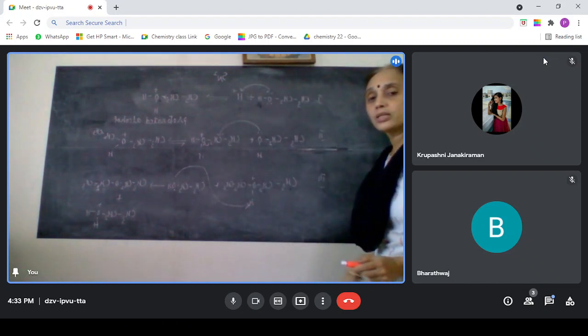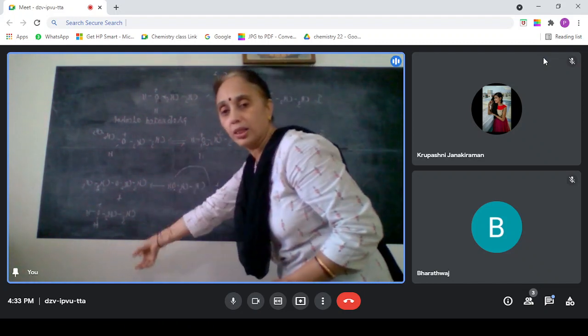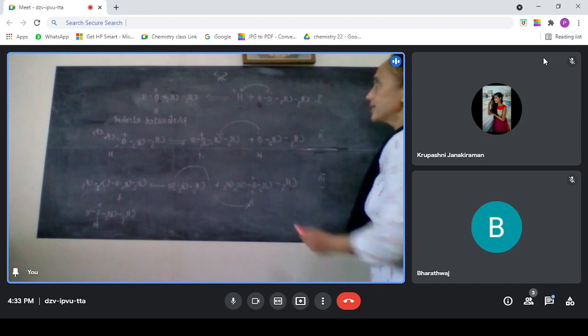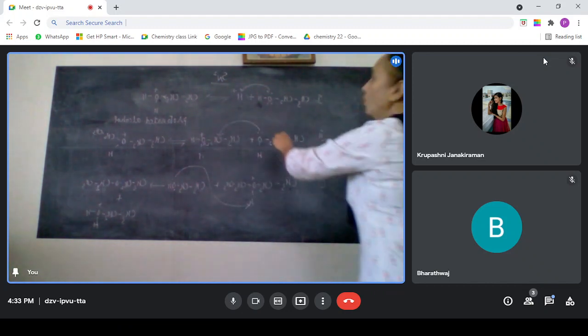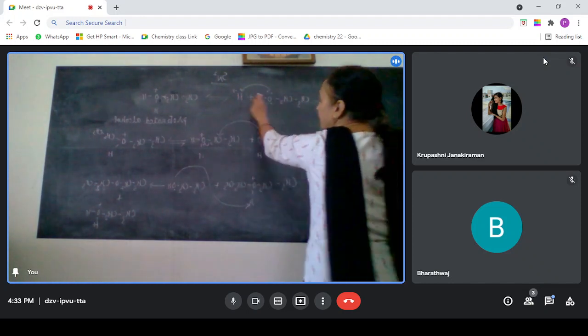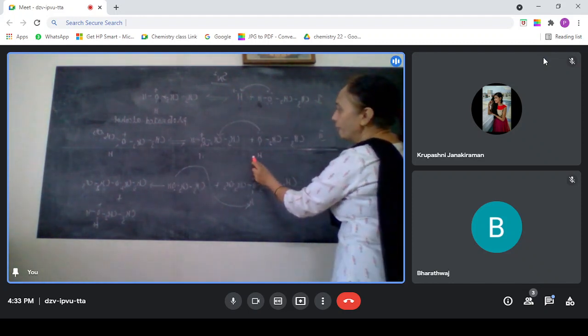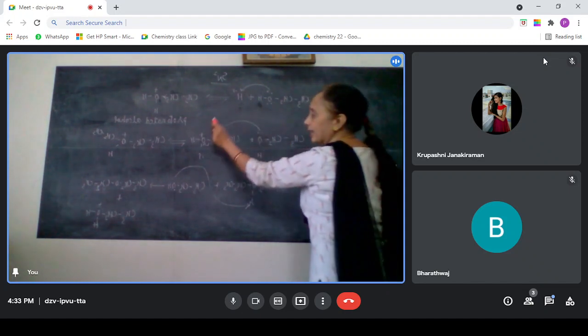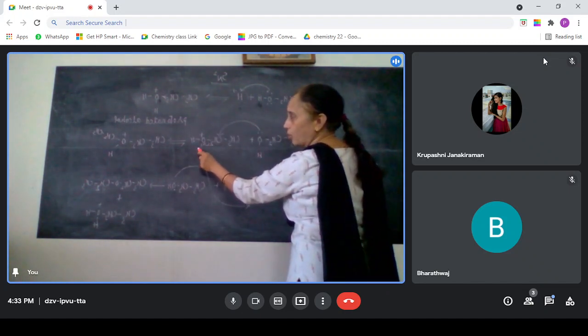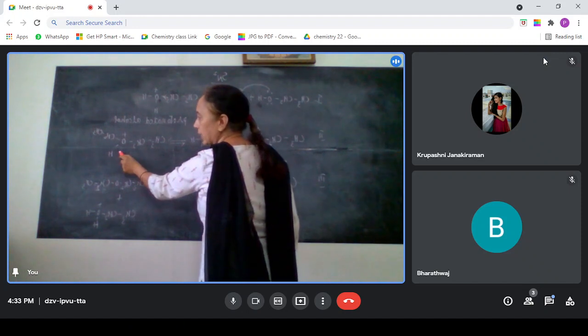Since it depends on the concentrations of both the alcohol and the acid, it is bimolecular. So how does it happen? First it gets protonated, and the alcohol molecule attacks the protonated alcohol, forming protonated ether.